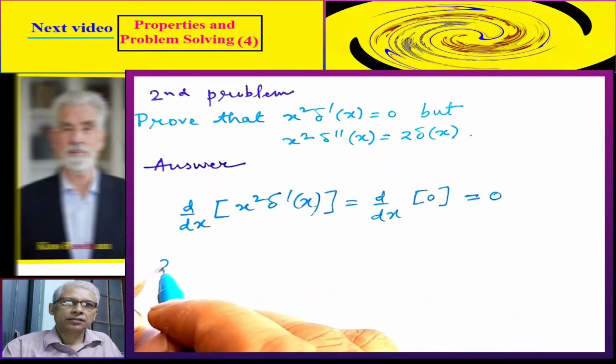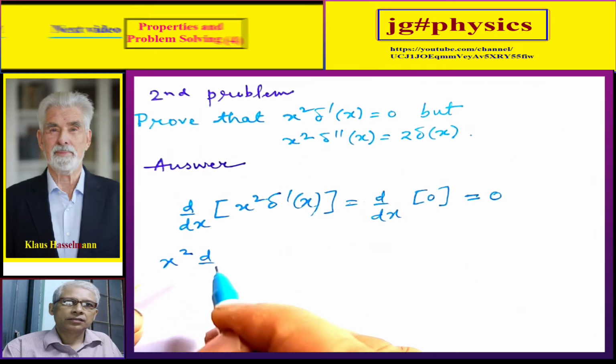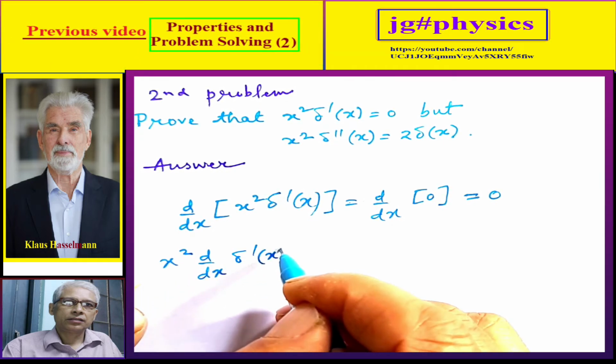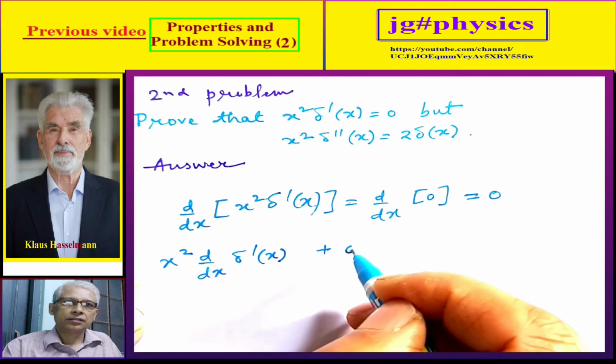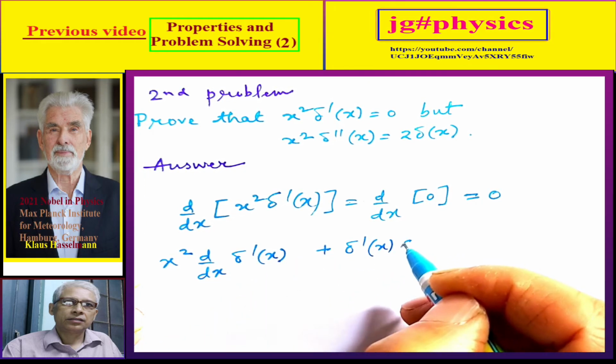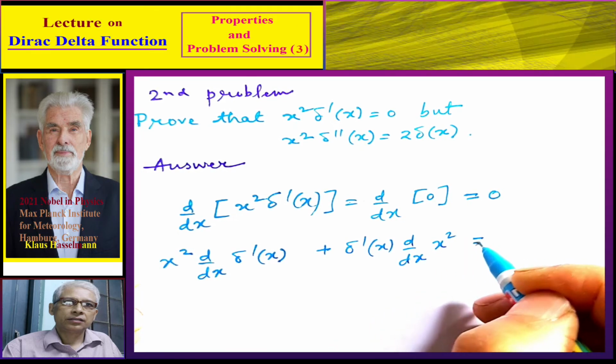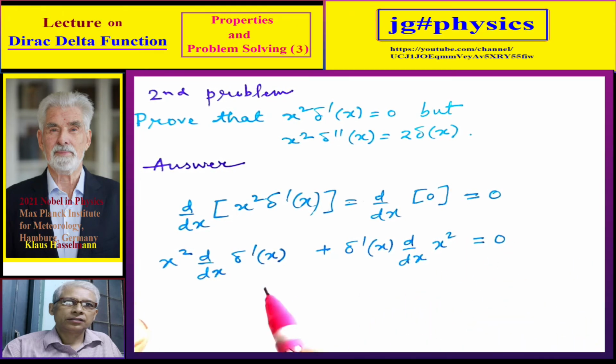So the left hand side is split into two terms, which are x square d dx of delta prime of x, the first term, and the second term is delta prime of x into d dx of x square. This is equal to 0.